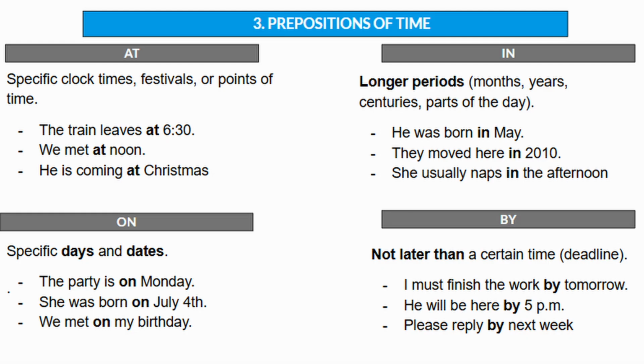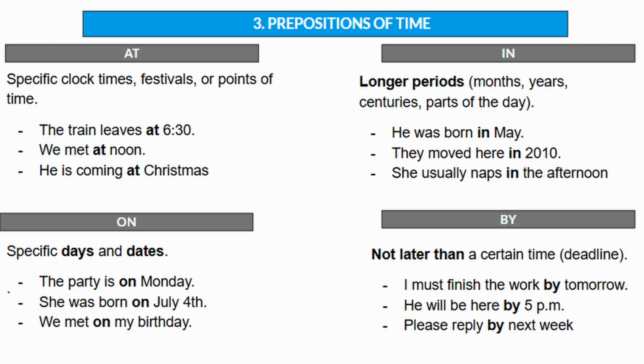We have the preposition of time on. We use this preposition when we talk about specific days and dates. The party is on Monday. You see, for all the days of the week you have to use the preposition on. She was born on July 4th, because this is a date. We met on my birthday.